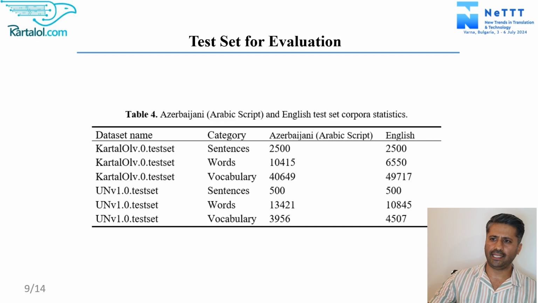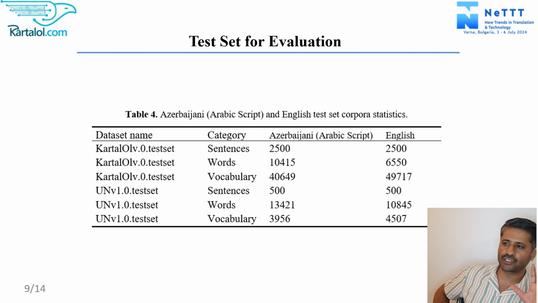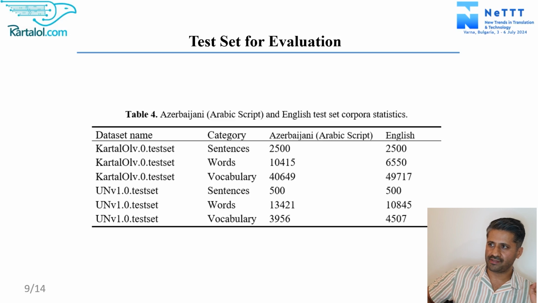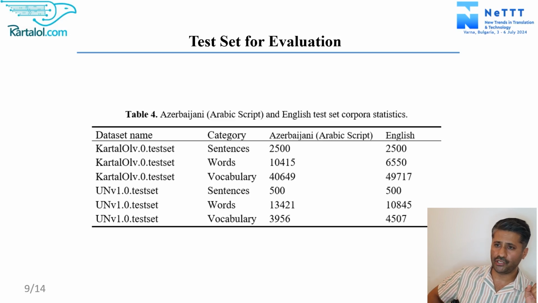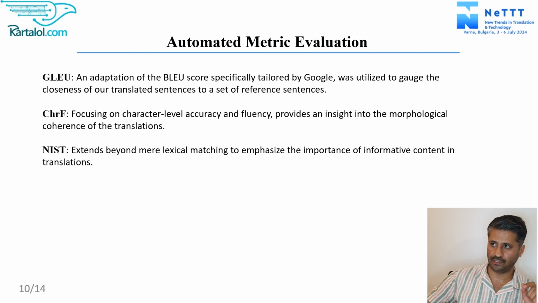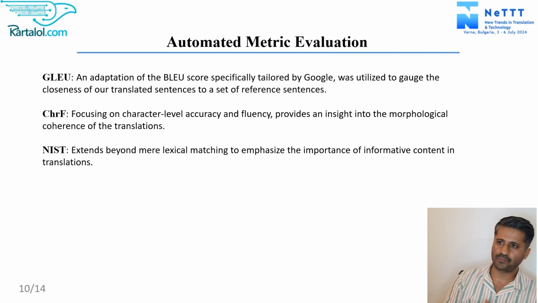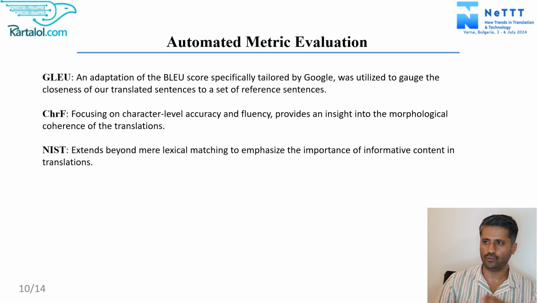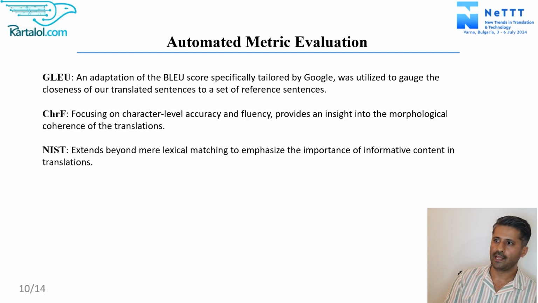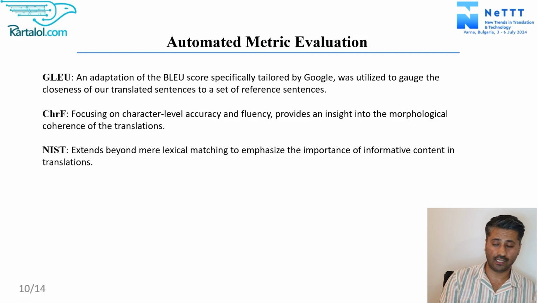Okay, so in the evaluation segment of this study, we employed three distinct automated metrics: GLEU, CHRF, and NIST. If I tell you about these metrics shortly, GLEU is an adaptation of the BLEU score, specifically tailored by Google.